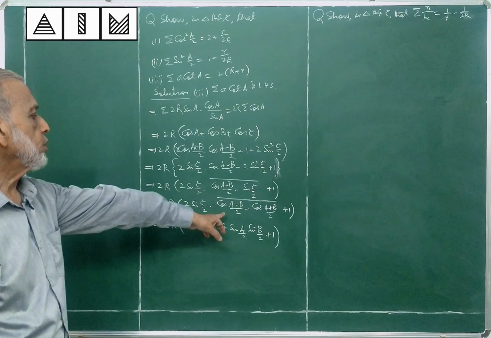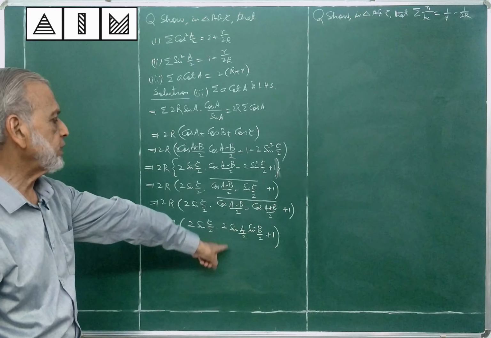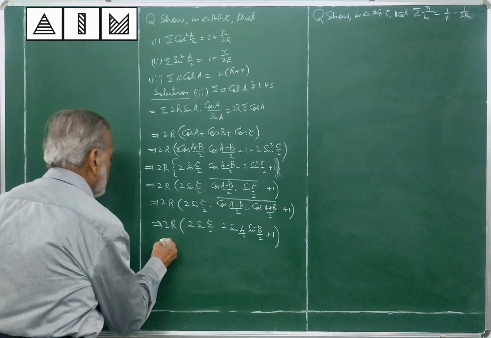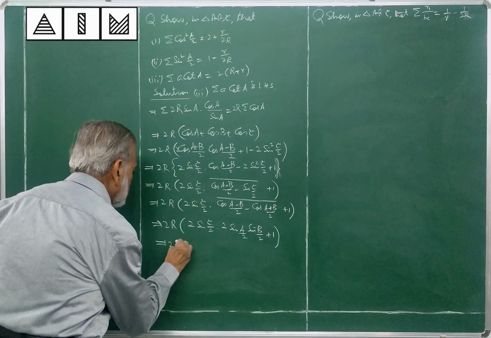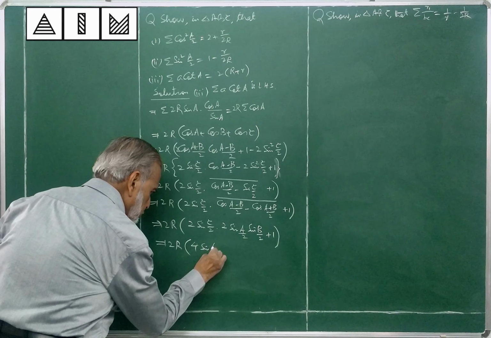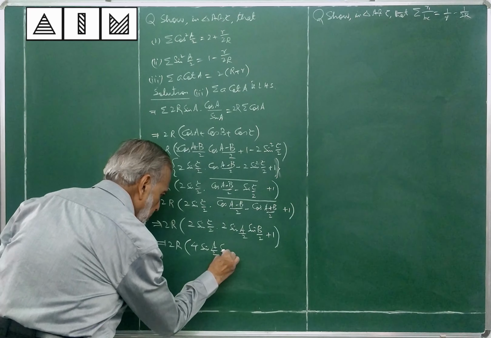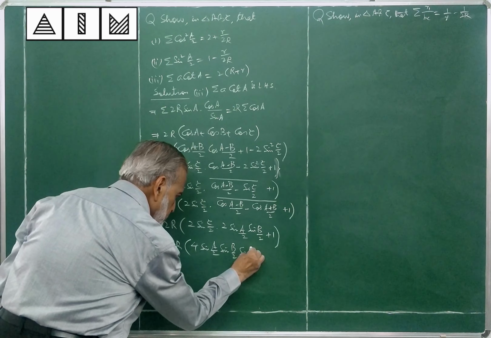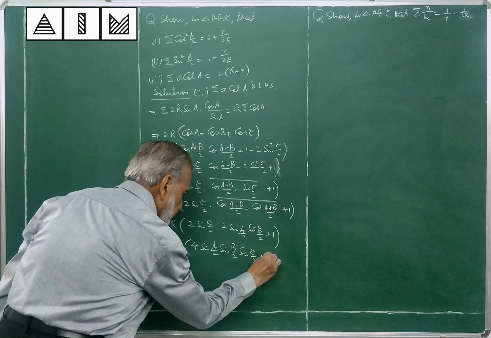So cos A minus B minus cos A plus B is 2 sin A by 2 sin B by 2. This is 4 sin A by 2 sin B by 2 sin C by 2 plus 1.